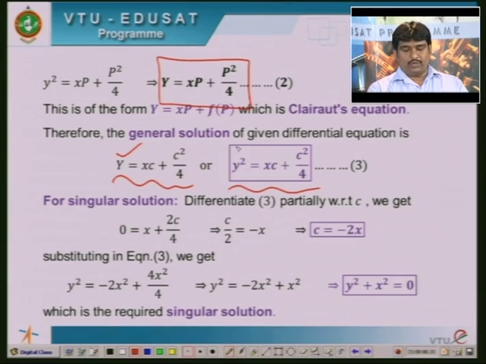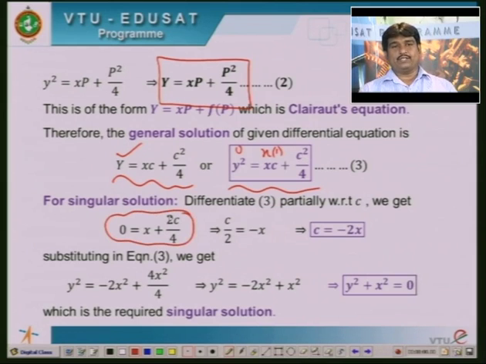Derivative of y square is 0. Derivative of cx, x is constant, derivative of c is 1. Derivative of c square by 4 is 2c divided by 4. So 0 equals x plus 2c divided by 4, which implies c equals minus 2x.